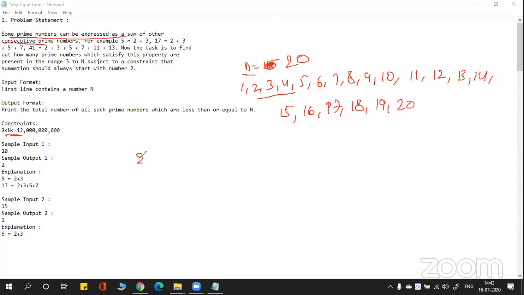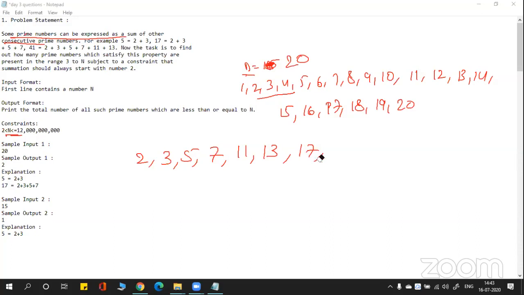Can anyone tell me what are the prime numbers we'll get until 20? So 2, 3, 5, 7, 11, 13. 14, no, 15, no, 17. That's it. Yes.